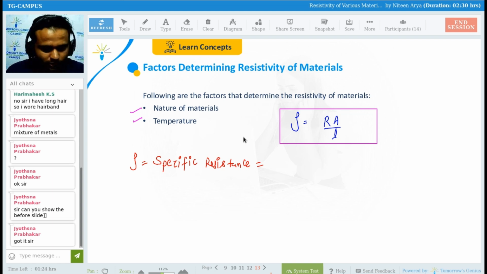Tell me. I told you in the previous class what specific resistance is. Anyone? Tell me, beta. Seriously, Kritika, this answer I never expected, at least. Specific resistance is what? Resistivity. Wow. I mean, am I joking with you?